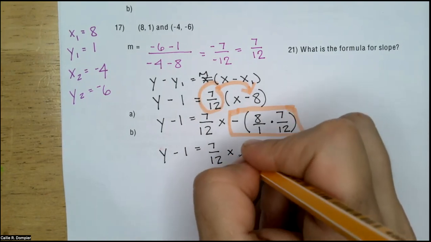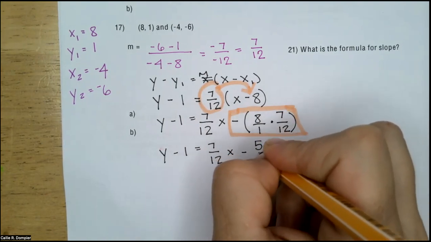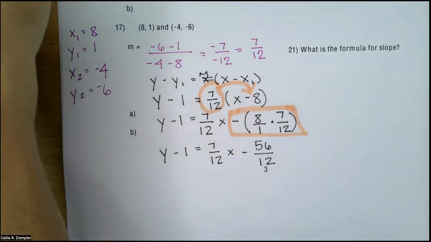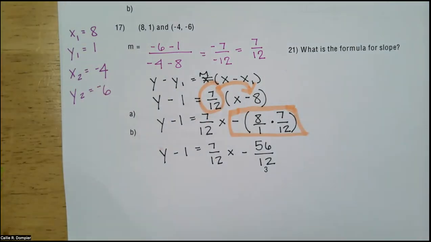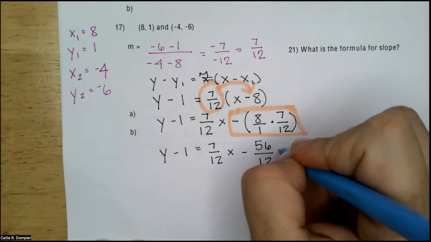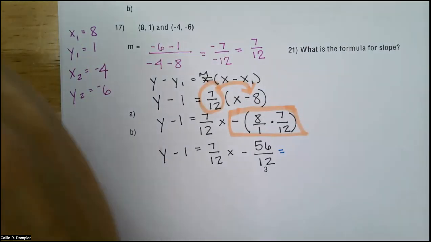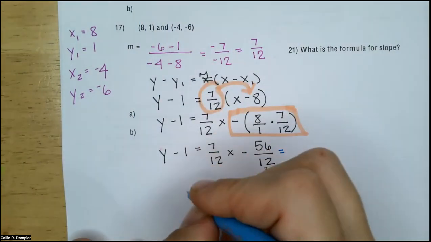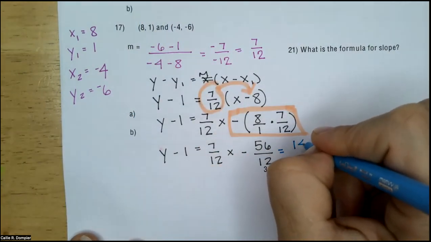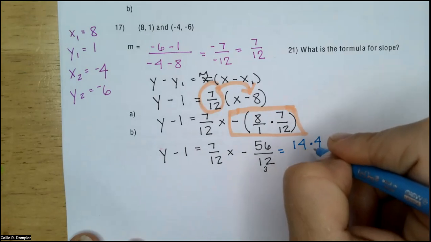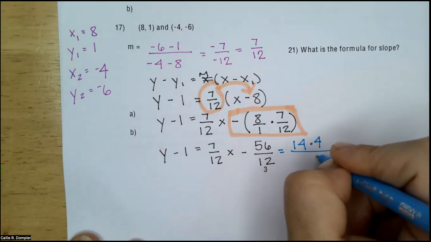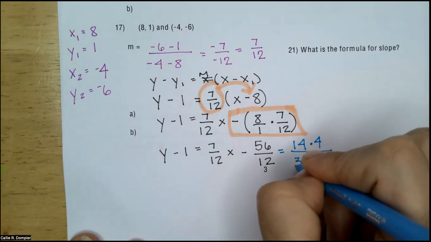y minus 1 equals 7/12 x. Here's a minus 56/12. All right, I was going to say we can't simplify it, but we can simplify it a little. We can divide them both by 4. So 56 divided by 4 is 14. And 12 divided by 4 is 3.